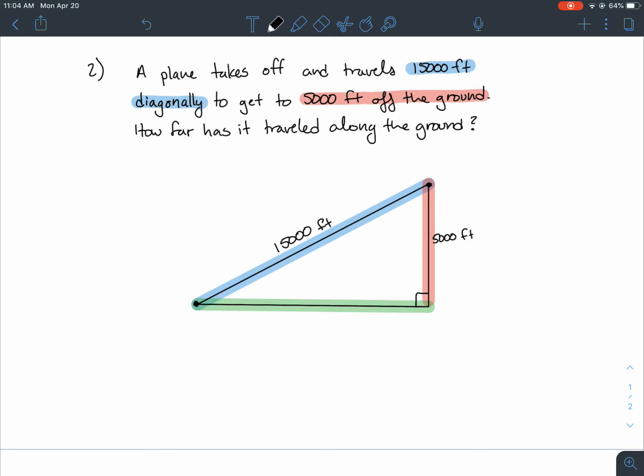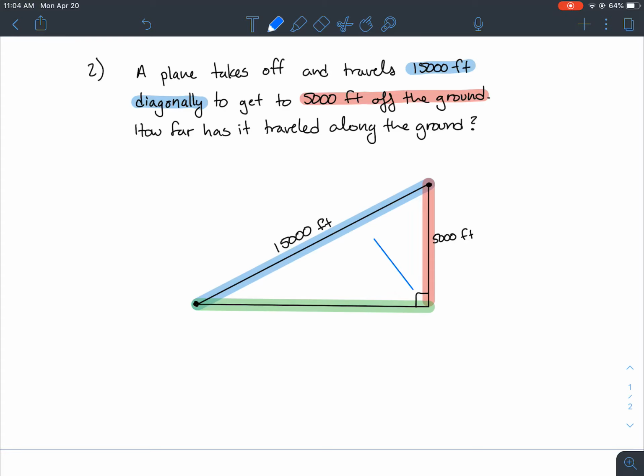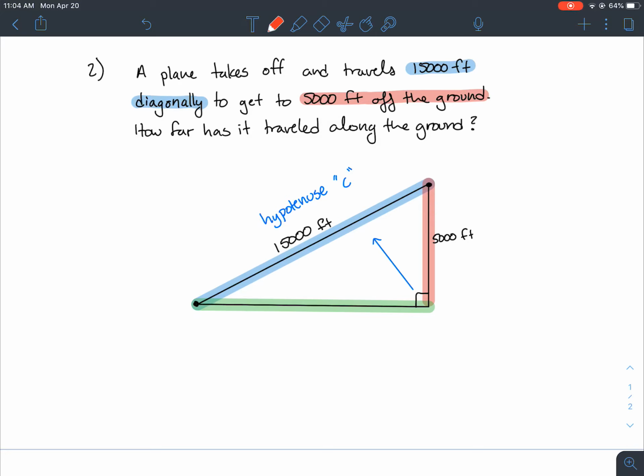The hypotenuse is going to be 15,000 feet because, again, that is the diagonal across from the right angle. So this will be my hypotenuse, which we call our C in that formula. And then we also have the 5,000 feet up, which is one of the sides. And so we're just going to call that our A side.